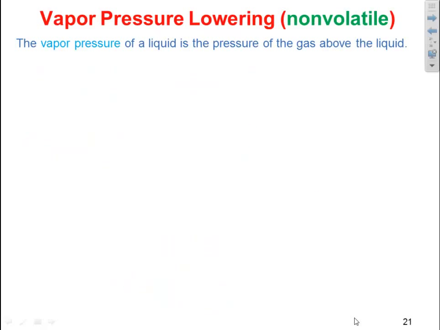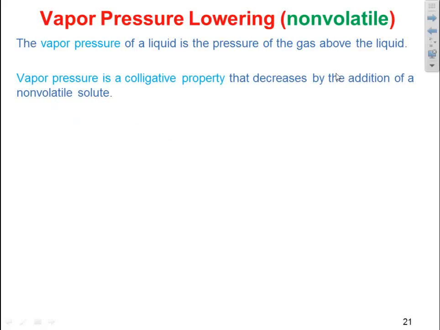The vapor pressure of a liquid is the pressure of the gas above the liquid. Right now we're talking about vapor pressure lowering, and we're talking about non-volatile solids. The vapor pressure is a colligative property that decreases by the addition of a non-volatile solid.